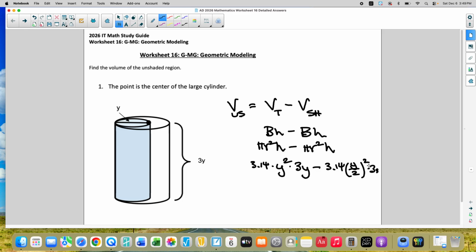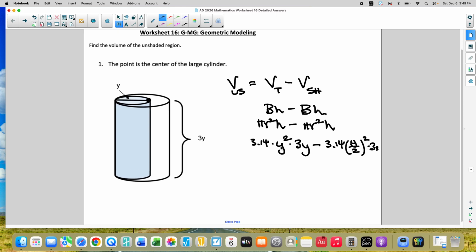Here's something a little advanced. Notice that each of these products has a 3.14 and a 3y, so we can pull that out.